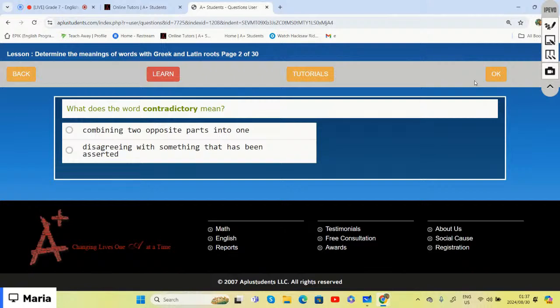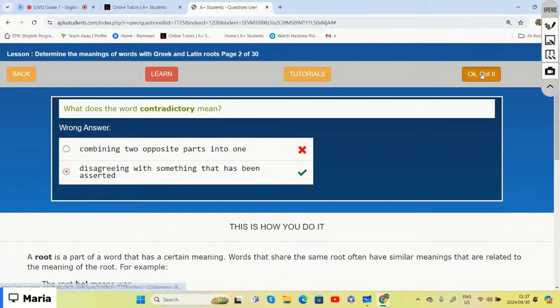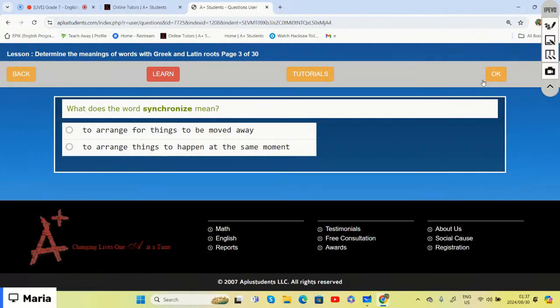And contradictory, we can say, I think it's disagreeing, sorry, because it's to do with being mutually opposed by certain things, right? So, which means that the second option was actually correct. I apologize.